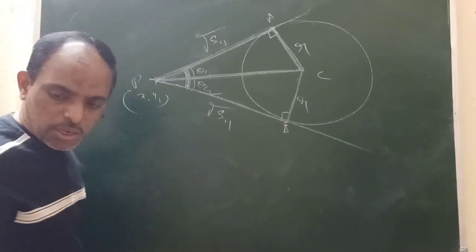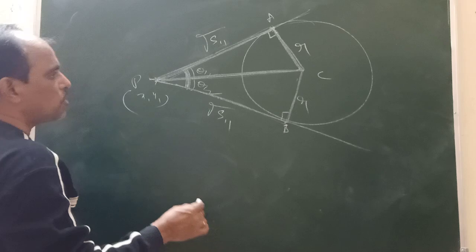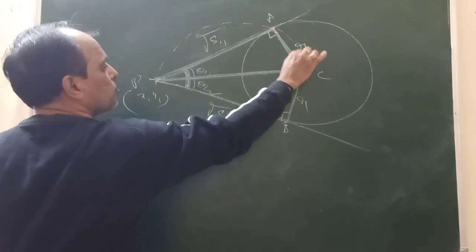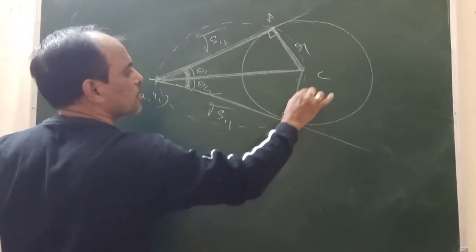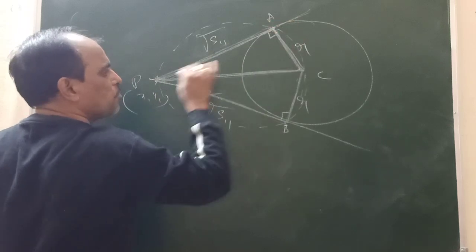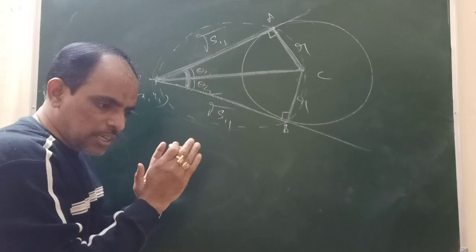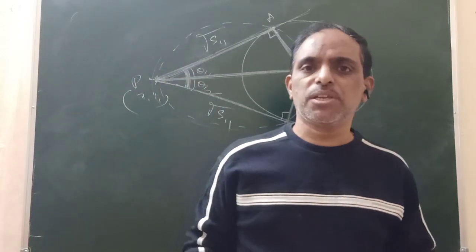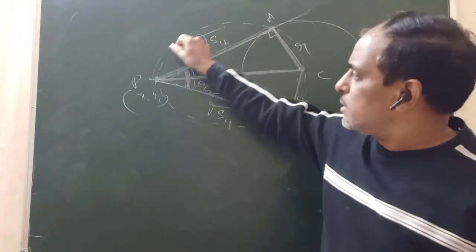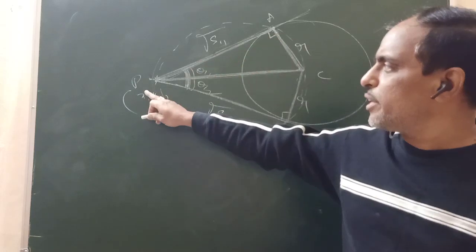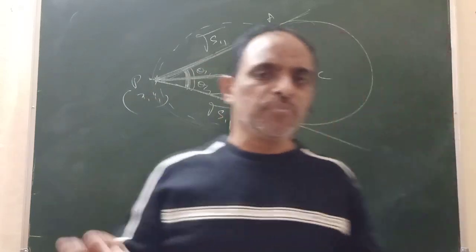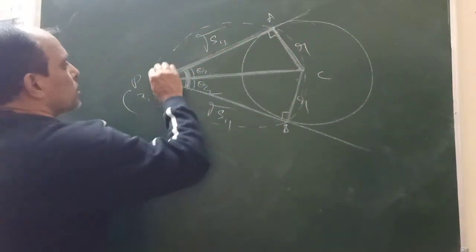Okay. Now what about the circle which passes through these 4 points, the quadrilateral PACB? This is called the circum circle. There was a question given in an advanced examination: the point P is given and one circle equation is given, and we have to find the circum circle.